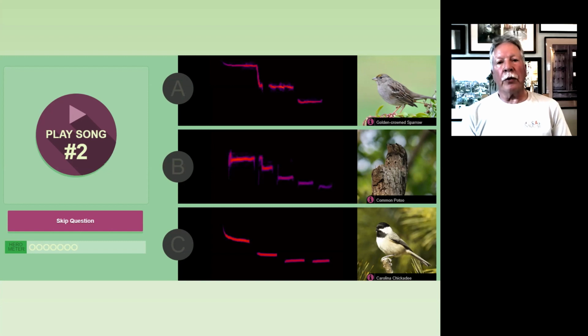Once you go through this a few times and go to the advanced version, there aren't all that many songs, maybe 10 at each level. You can start to pretty quickly get a good idea of what the sounds look like. And for some people, having that visual picture in the brain along with what they're hearing really helps to gel the recognition and identification of birdsong. So check that out, it's a lot of fun.